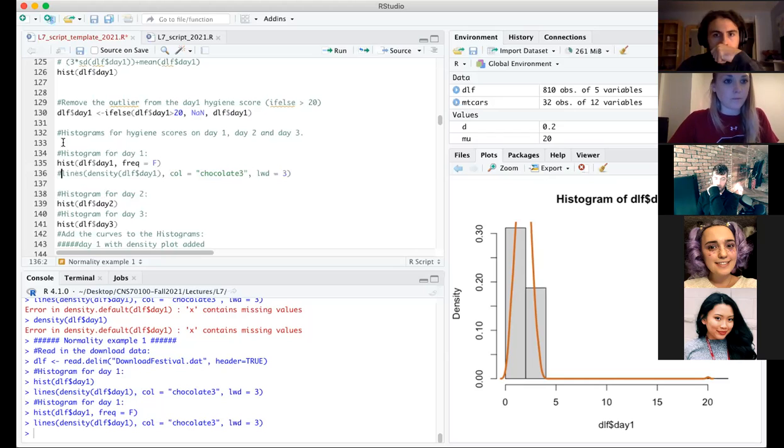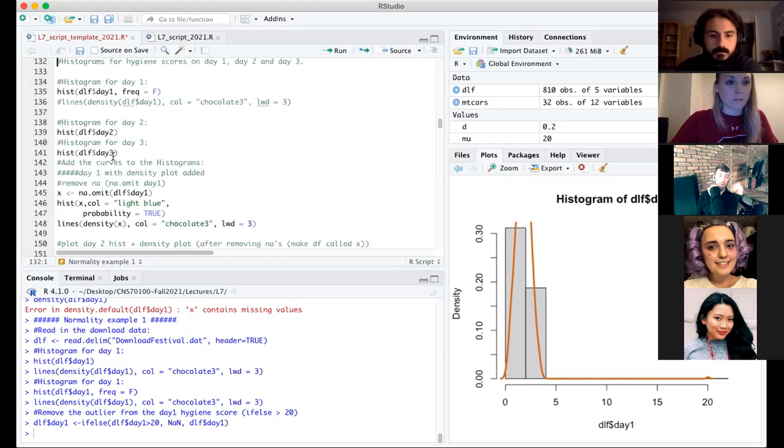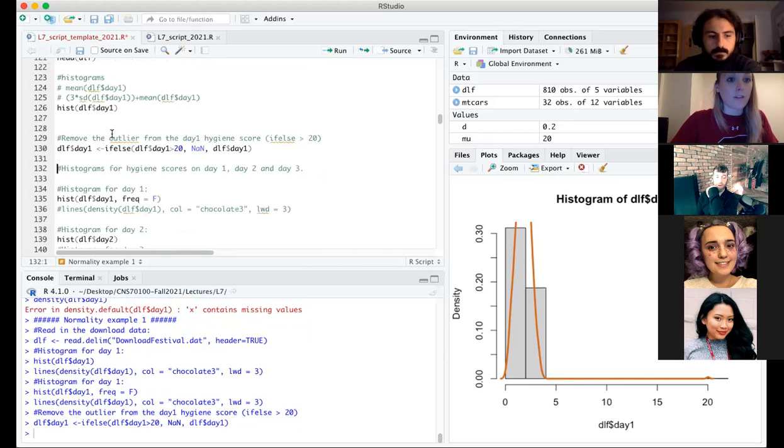Okay, so when you didn't set frequency equals false, it just gave you an incorrect density line. And when you set it to false, it gave you a correct one for the data given, which includes the outlier. It's just giving you the wrong scale.